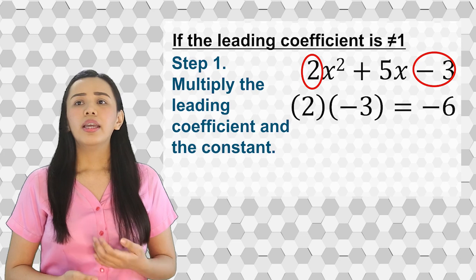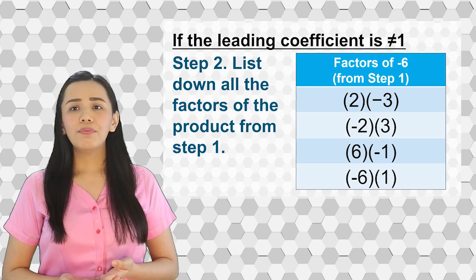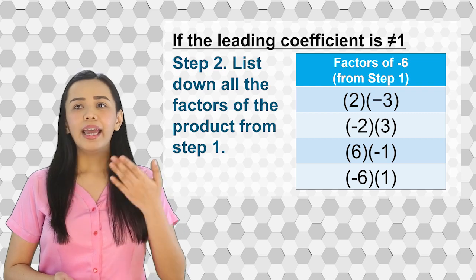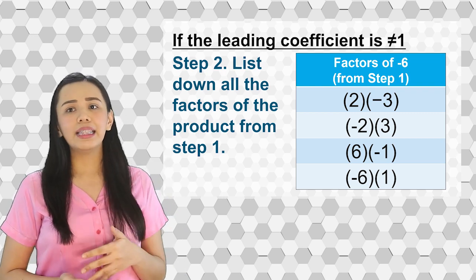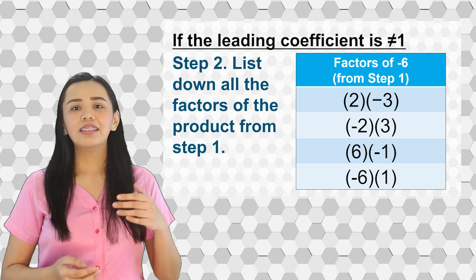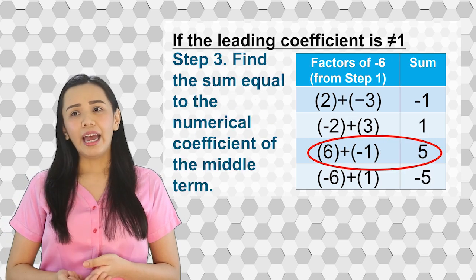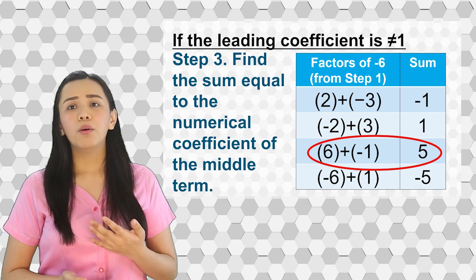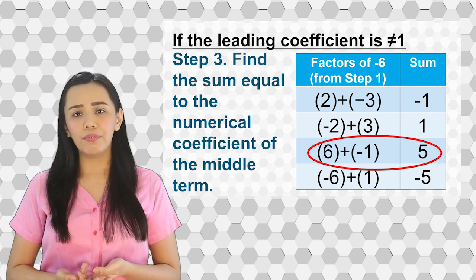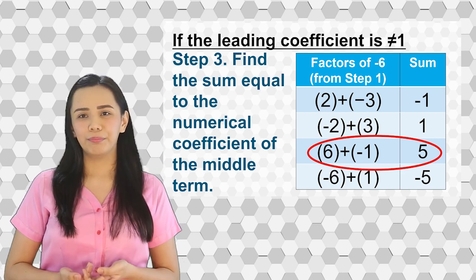Step 2 is to list down all factors of the product from step 1. In this case, we'll list down the factors of negative 6. Step 3 is to check if one of the factors will have the sum that is equal to the numerical coefficient of the middle term.